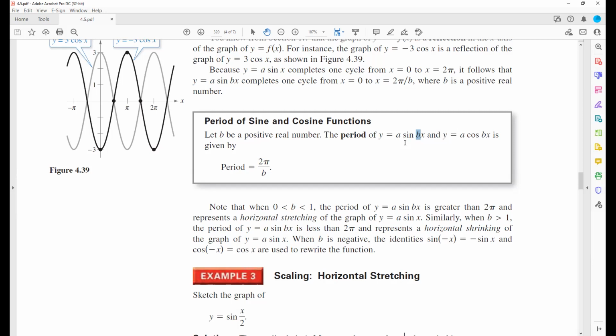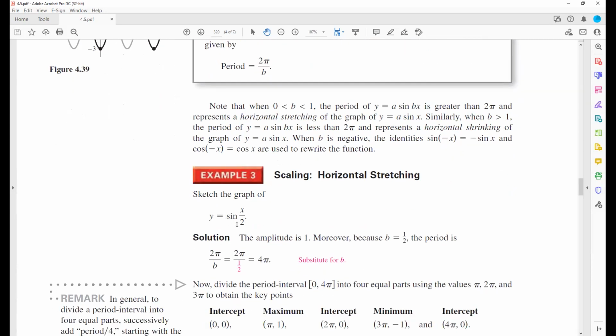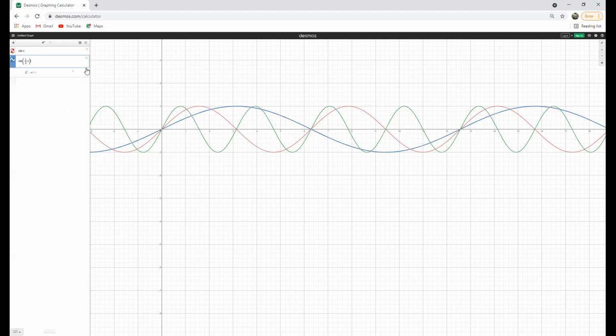So if you change your sine function, y equals a sine of bx, the only number affecting your period is b, which is multiplied by x, and your period is 2 pi over b. As we saw, sine of a half x, let's take a look at our Desmos. Here we have sine of a half x. Here, the period is 4 pi. 2 pi divided by a half is 4 pi.